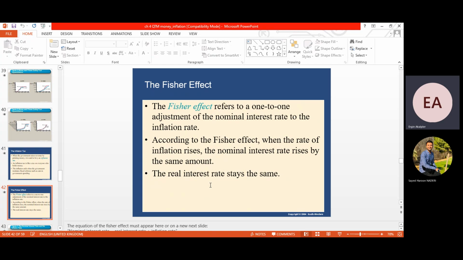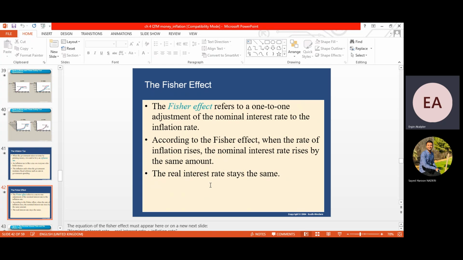Okay, then the Fisher effect. As I mentioned to you, the Fisher effect is to adjust and manage one-to-one the price changes and the transparency in the economy, which is very important for the economy. The Fisher effect refers to a one-to-one adjustment of the nominal interest rate to the inflation rate, which is very popular. By using this equation, the real interest rate is equal to the nominal interest rate minus inflation.